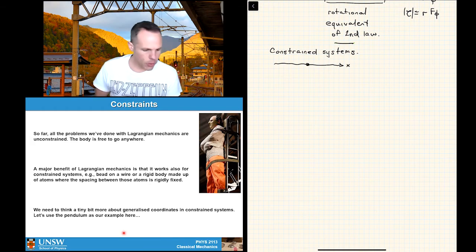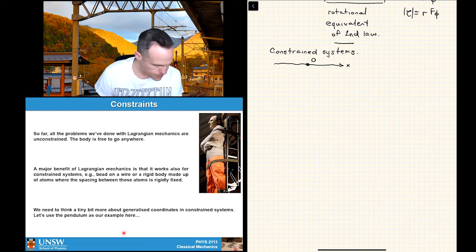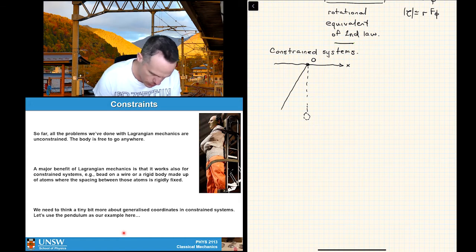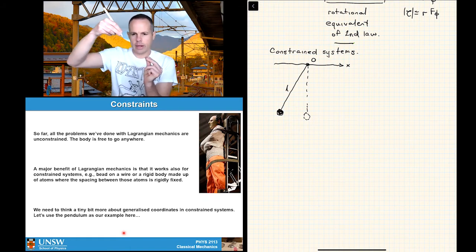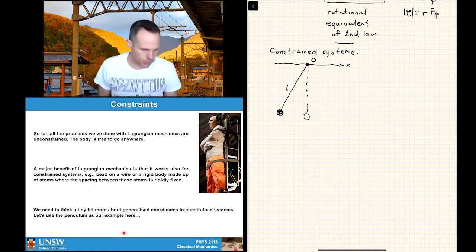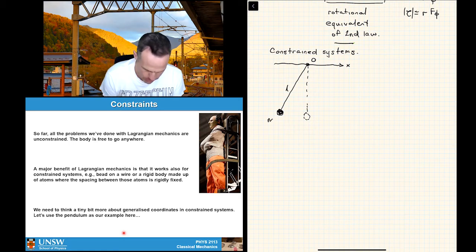It's a hinge point up here at the top, we'll call it O. We drop down here to where the body would be when it's not swinging, and of course it will swing out in some direction here. So you can make this solid because it's out there. Length L on the string. Let's call it a rod, so it's a solid rod, right? So we can really imagine that this thing can't move anywhere aside from being constrained to the end of this rod. We got some mass M.